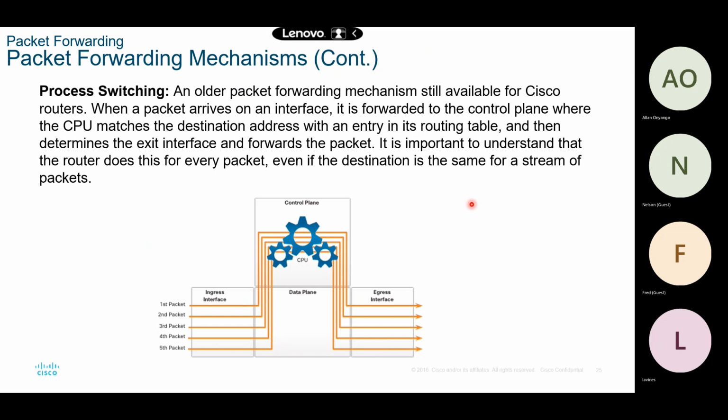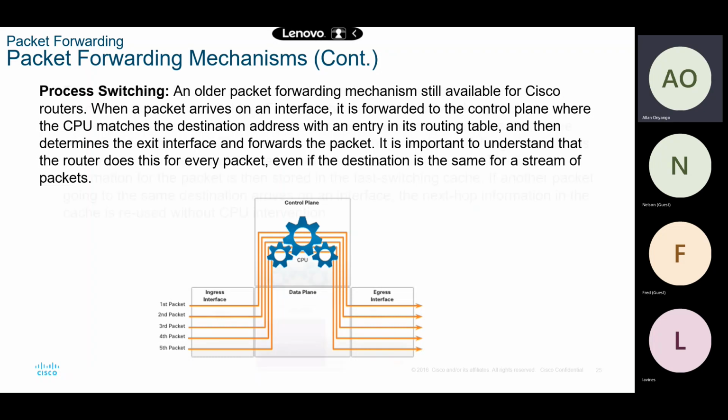The only thing is that the router does this for every packet sent to it, even if the packet is going to the same destination. Even if it is the same destination, the router will always process this packet. Processing each packet, even if the destination is known, is not a very wise approach.